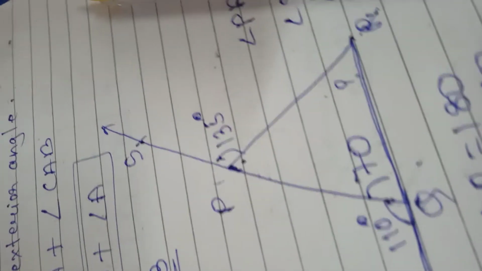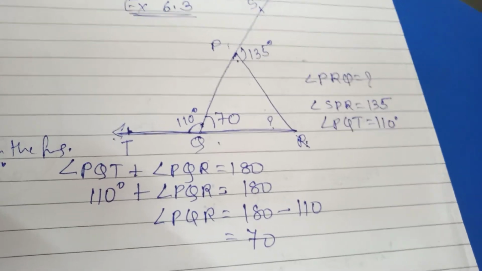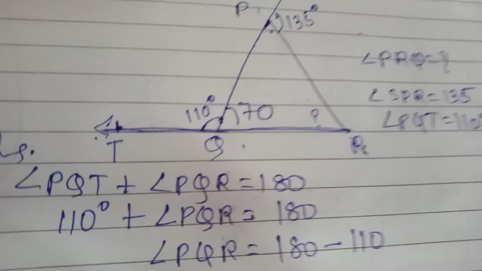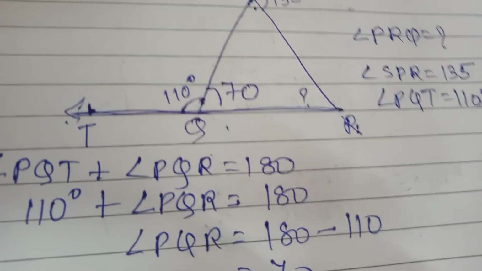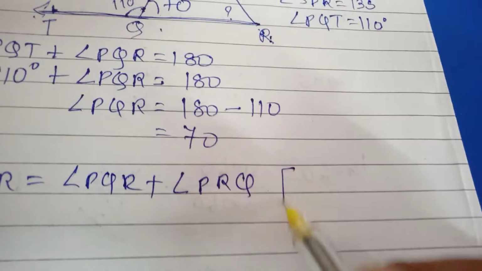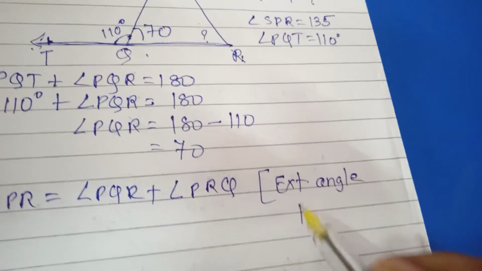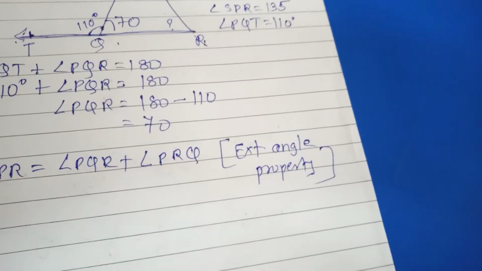So I will write here, since angle SPR is equal to angle PQR plus angle PRQ. Why? Exterior angle property.